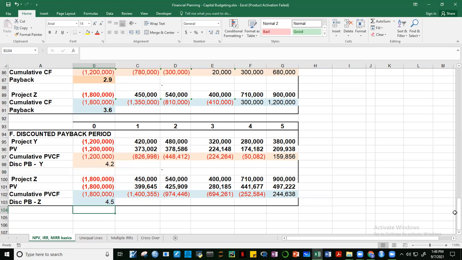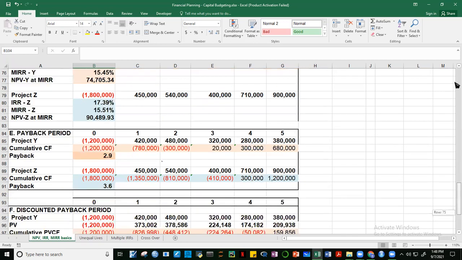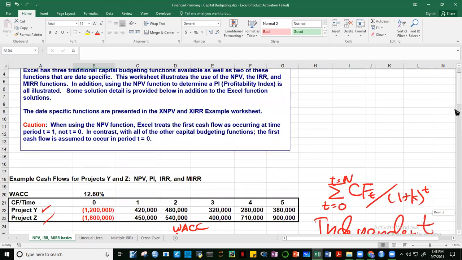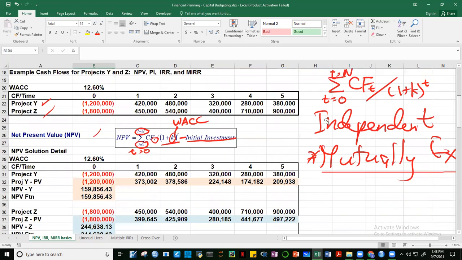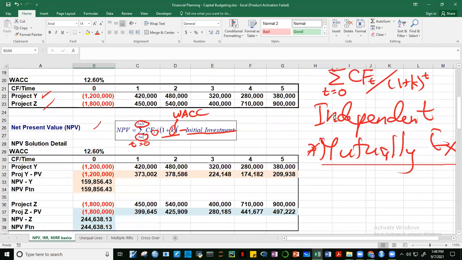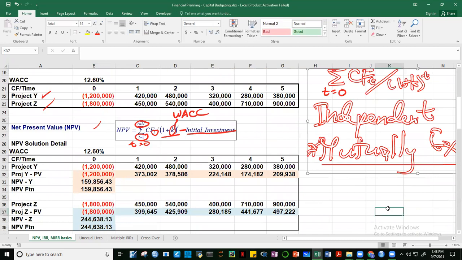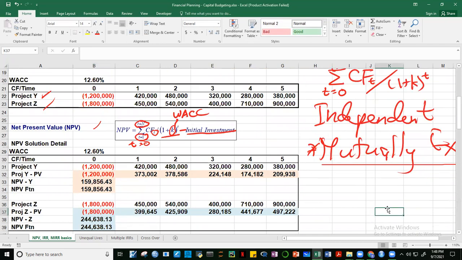Okay, so let's quickly review this worksheet. Sabi natin, we look at projects as either independent or mutually exclusive. Pag independent, pwedeng maraming piliin, okay? And then siguro nagkakaroon lang ng constraints yan due to budgetary requirements. No? Kunyari, 10 projects yan, tapos hindi pwedeng makuha lahat kasi limited yung budget natin.